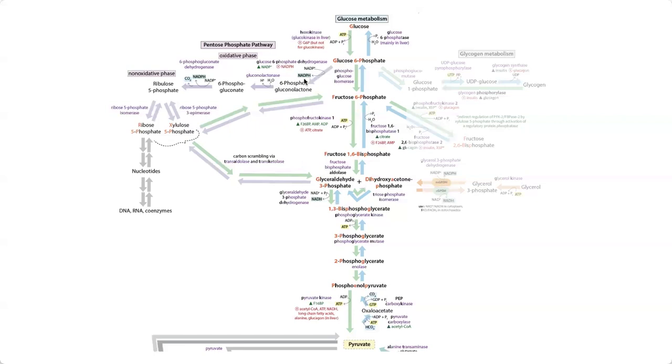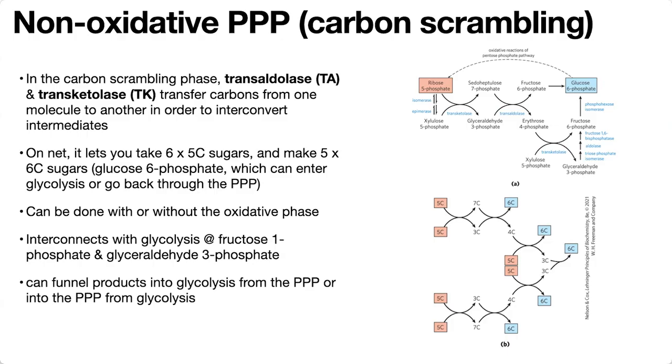But if we really, really just need NADPH, well, here we're just going to do the oxidative phase, use these carbons. So do this like 6 times. In the 6 times, we'd lose 6 carbons. So now we're left with 6 5-carbons, which we could then combine to give us 5 6-carbons. And we could keep doing this, keep doing this, keep doing this.